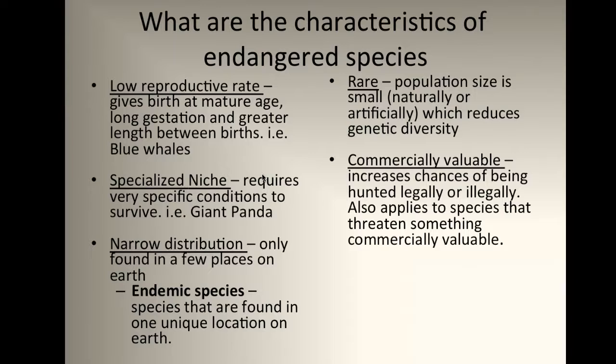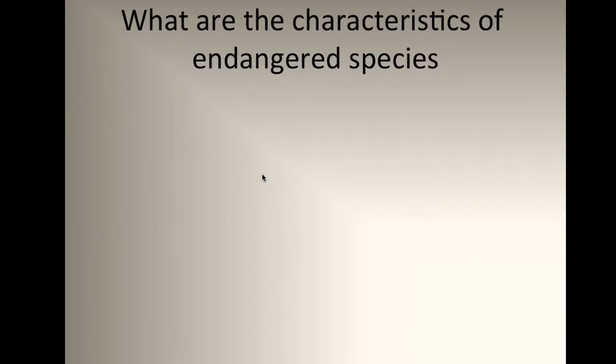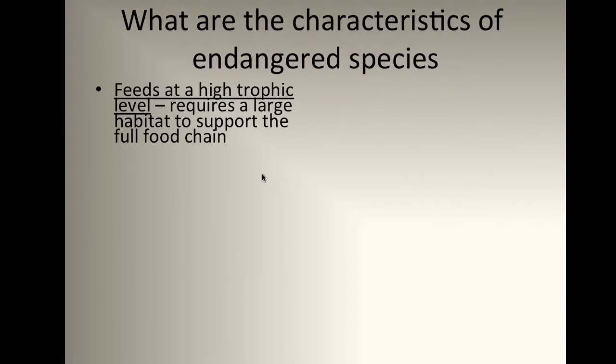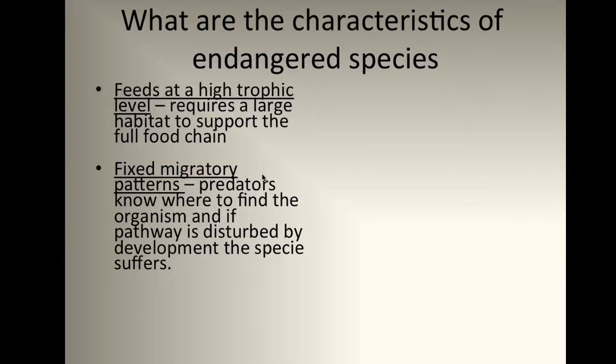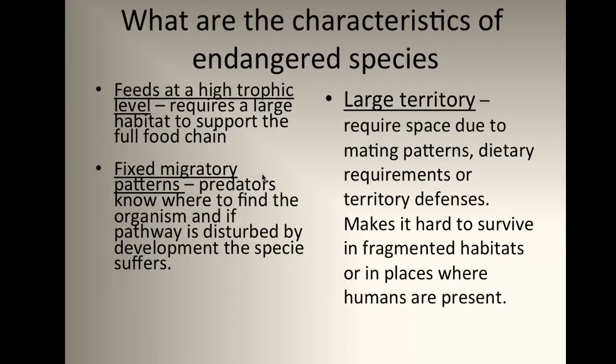Rare, anything that's got commercial value. If they feed at a very high trophic level, and if they have fixed migratory patterns, or if they require an extremely large territory. So these are all characteristics of organisms that might become endangered or are already listed as endangered.